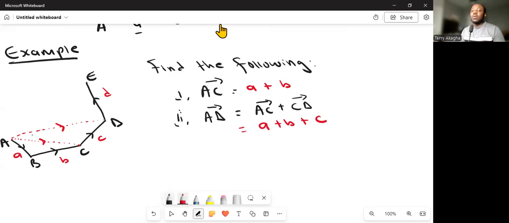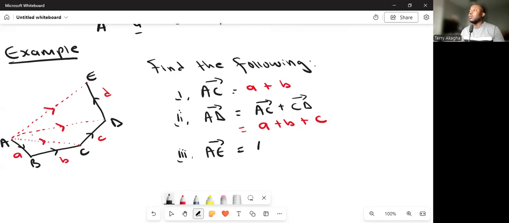Then let's pick another one. So let's say AE. So looking for AE. So we can go A, B, C, and D, or you can say AD plus DE. So it depends how you want to do it.